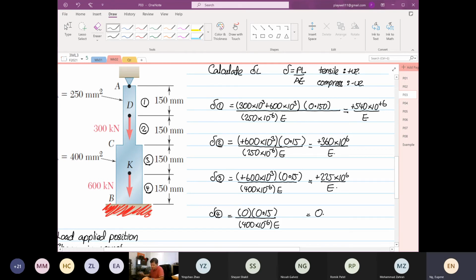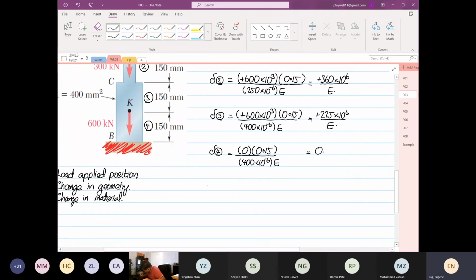So now what we have calculated is the deflection due to the applied load, which will be equal to delta 1 plus delta 2 plus delta 3 plus delta 4.